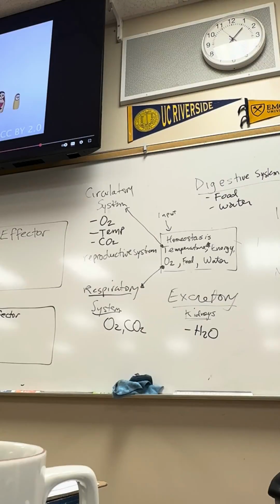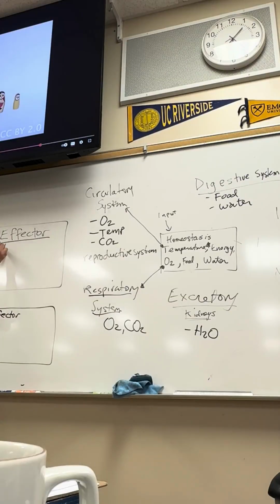Pretty straightforward. All right. Now the fourth part is called the effector. Okay, and the effector creates the response or effect to counter the change of stimulus. That's kind of a long one, but it makes sense. So I'll write it down.